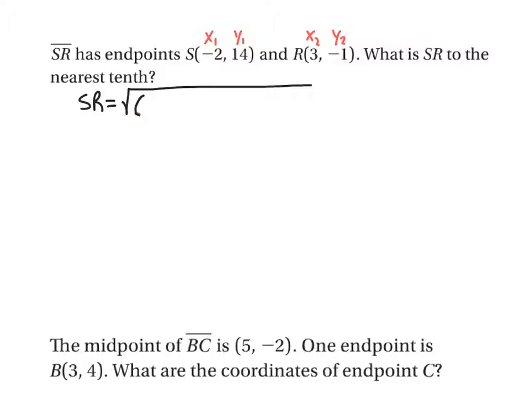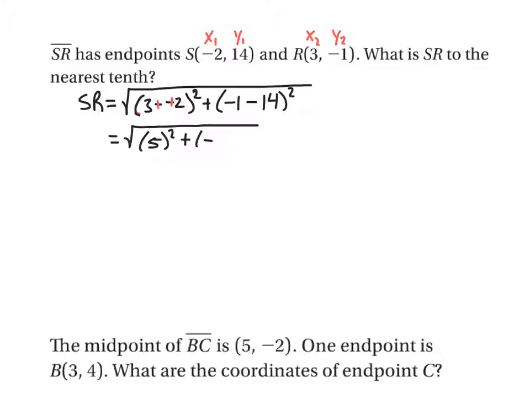So x sub 2 is 3 minus x sub 1 is -2. Watch your negatives. It's squared. Plus y sub 2 minus y sub 1 squared. And so we have the square root of 5 squared plus -15 squared.